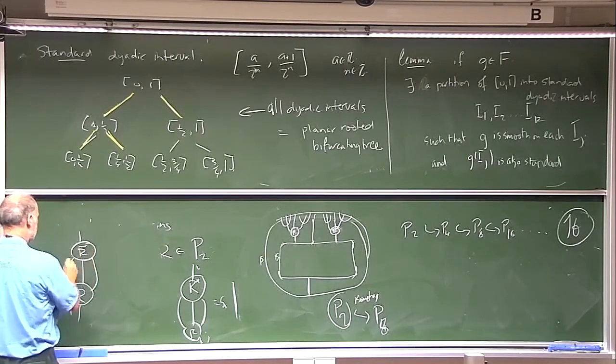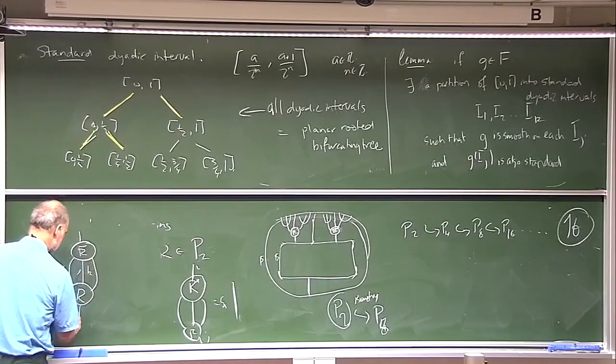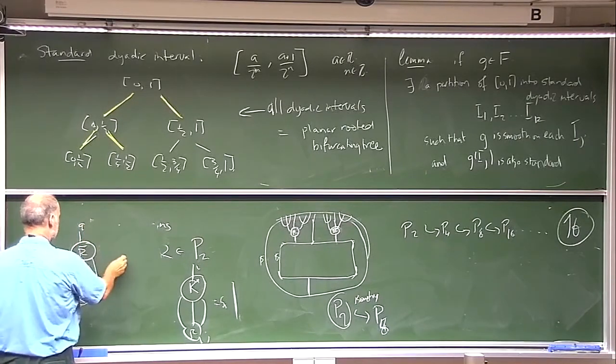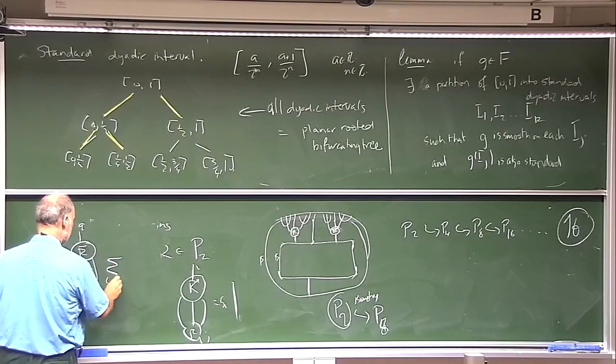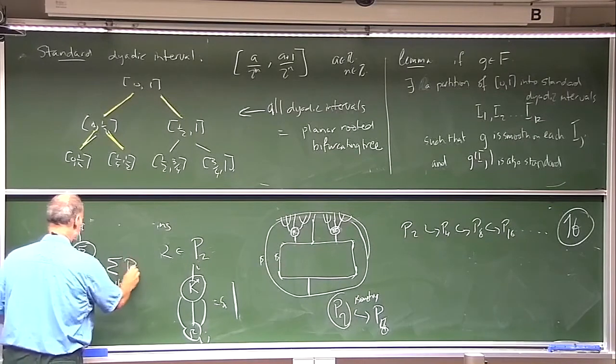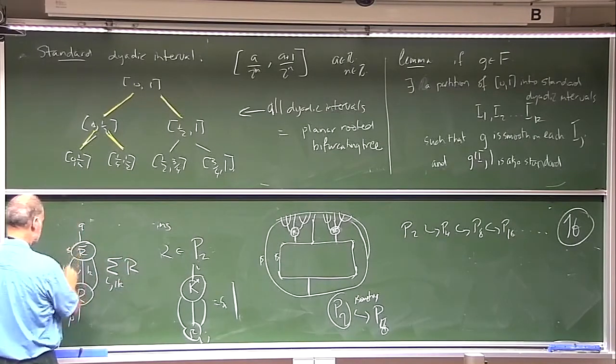So it's IJK PQ, sigma of IJK R, which is also there and there.